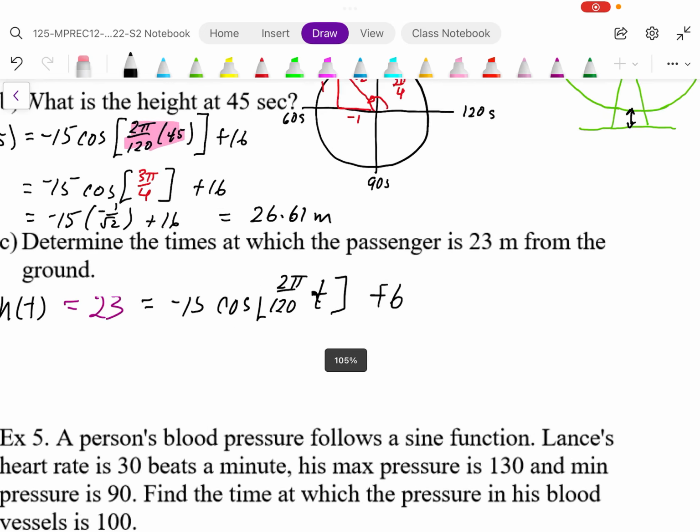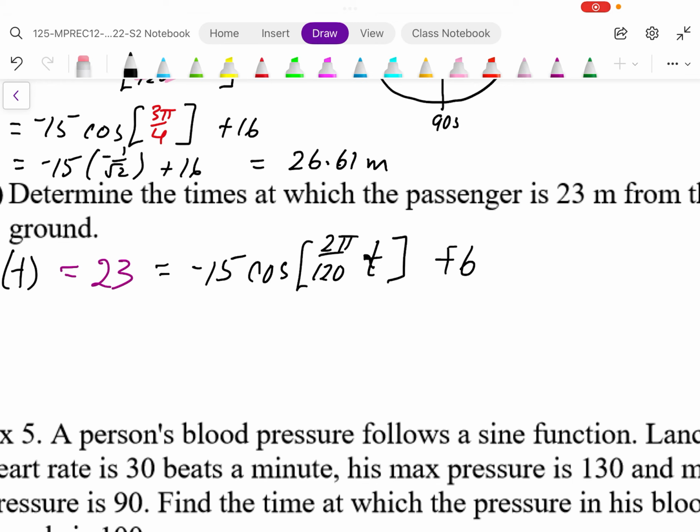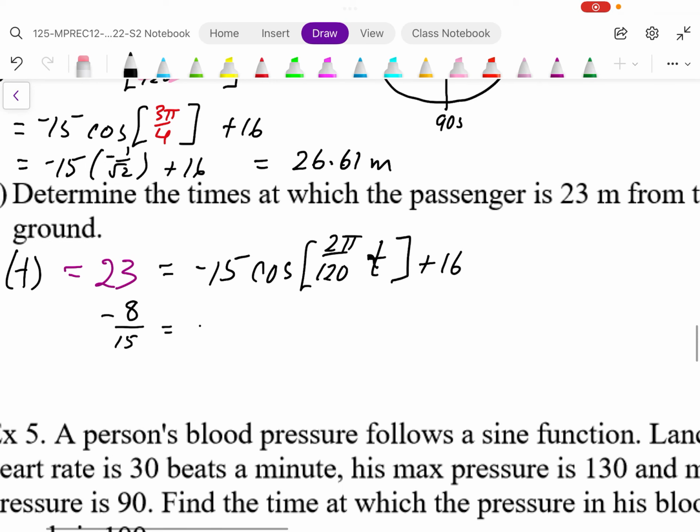And I can solve this equation for the time. So solving this equation, I'm first going to subtract 16 from both sides, so I get 8. I'm going to divide by negative 15, so I'm going to get negative 8 over 15 is equal to the cosine of 2 pi over 120t.